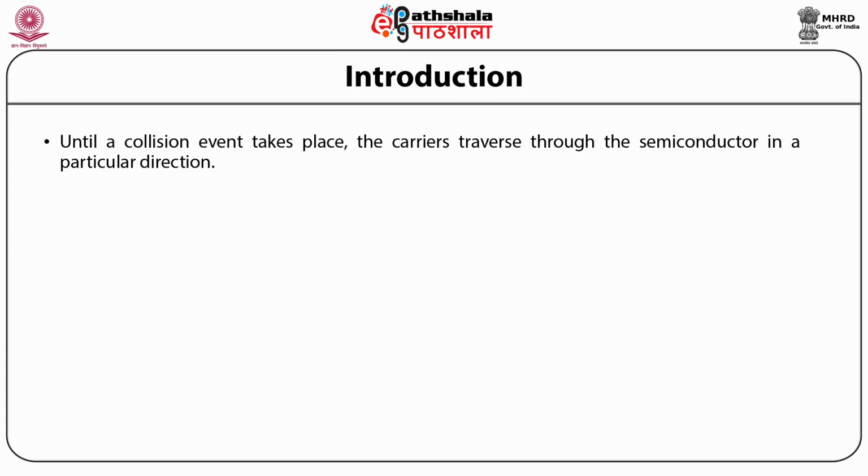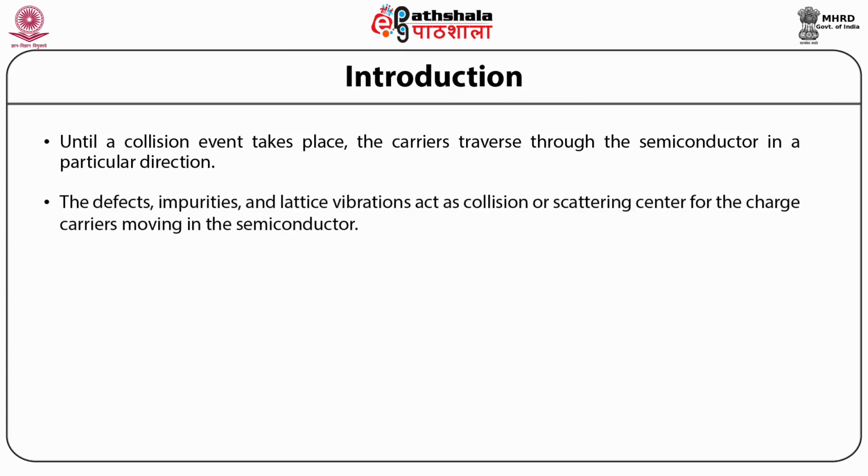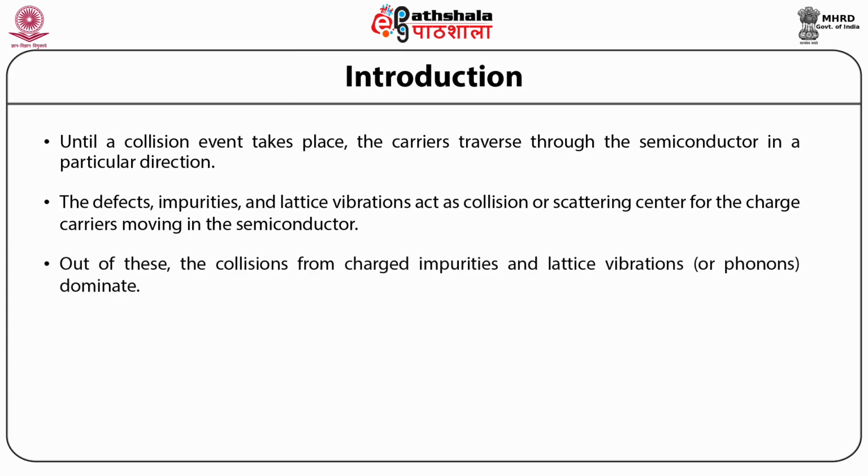Until a collision event takes place, the carrier travels through the semiconductor in a particular direction. The defects, impurities, and lattice vibrations act as collision or scattering centers for the charge carriers moving in the semiconductor. Out of these, the collisions from charged impurities and lattice vibrations or phonons dominate.